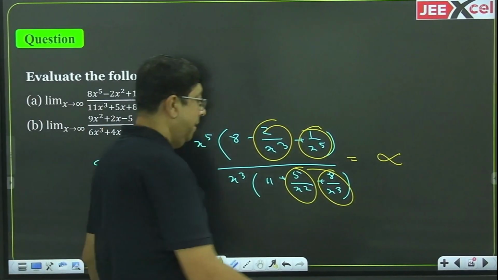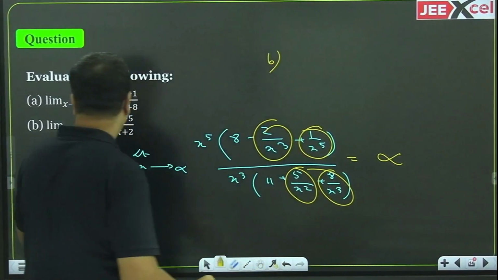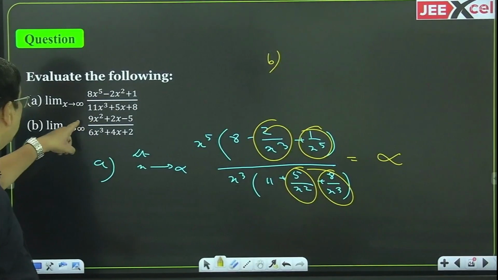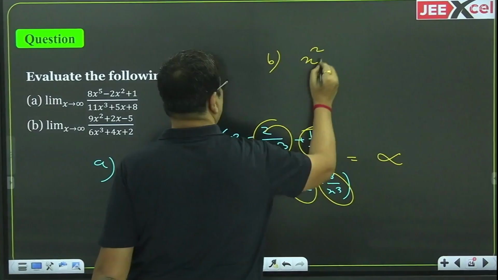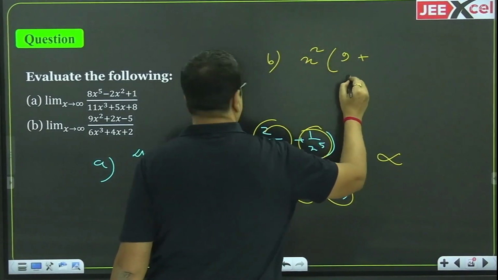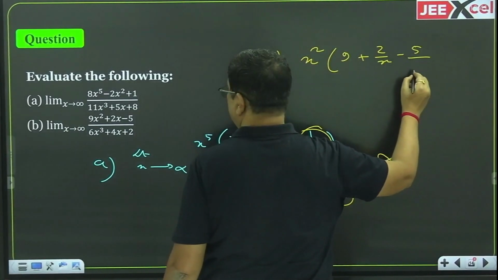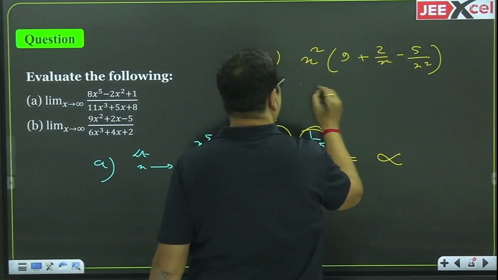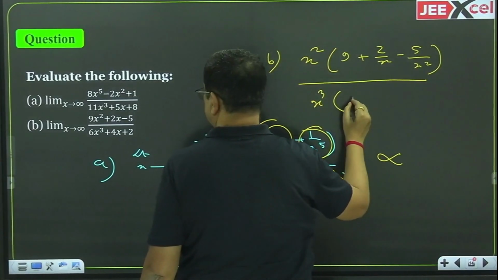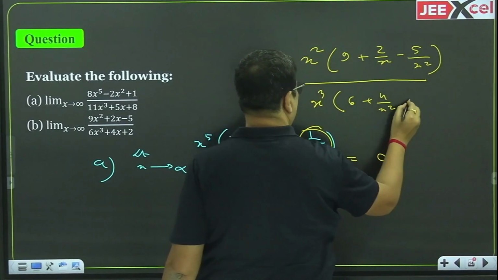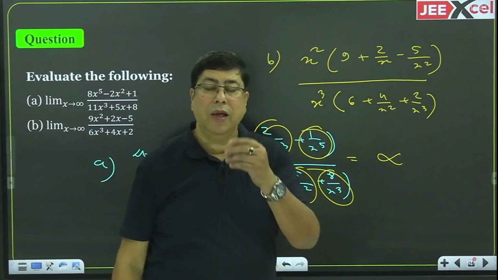Okay. And for the second sum, simply we can say, same thing. I am taking the highest power outside. So here it is coming limit x tends to infinity, x square (9 plus 2 by x minus 5 by x square) total divided by, in the denominator, take x cube common, so 6 plus 4 by x square plus 2 by x cube. So same concept, x is infinity, 1 by x is coming 0.